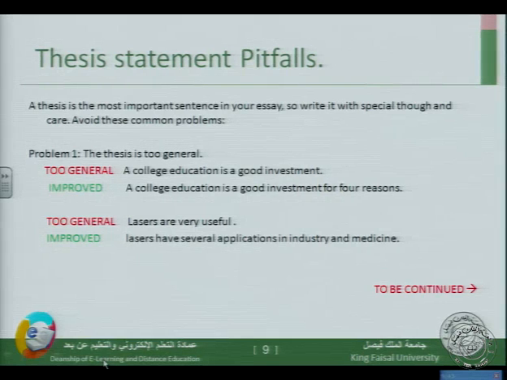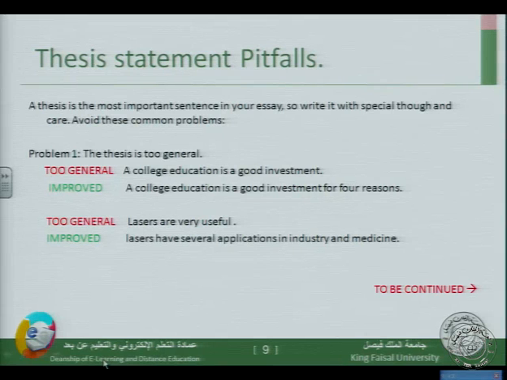For example, college education is a good investment. This is a generalization. It cannot be a thesis statement. But if you say a college education is a good investment for 4 reasons, now you have your opinion.